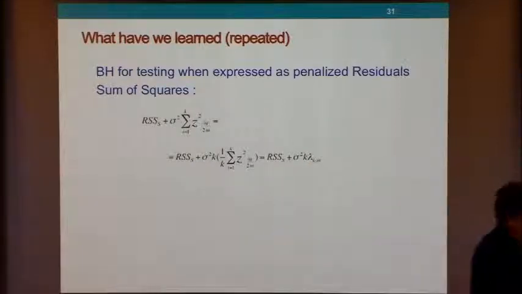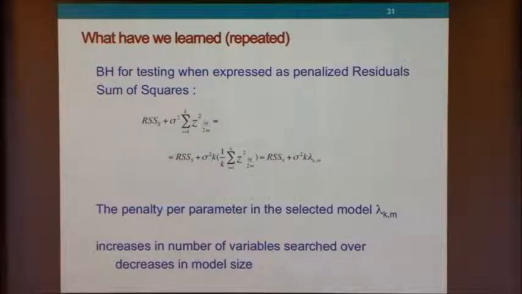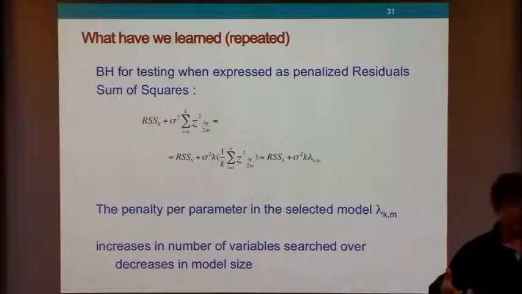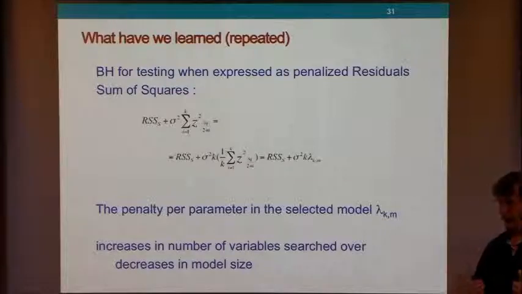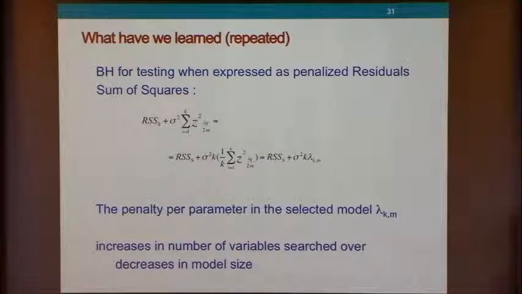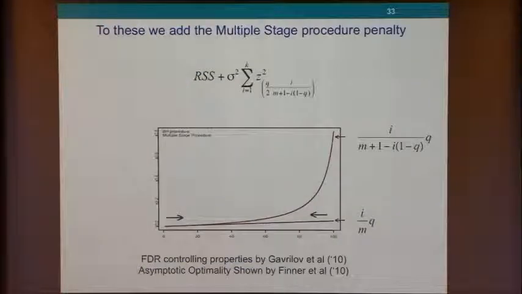And in fact, the penalty increases with the number of variables searched over, but it decreases in the model size. That is, if your data tells you that you need more and more variables, it becomes easier to include an additional variable, unlike with the constant penalty. So that's the implication.